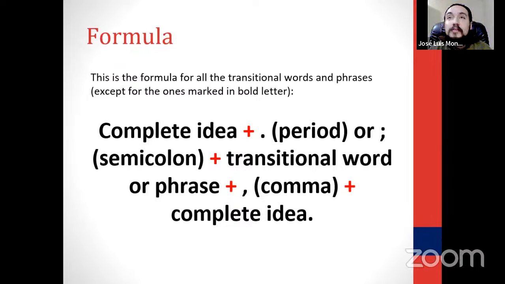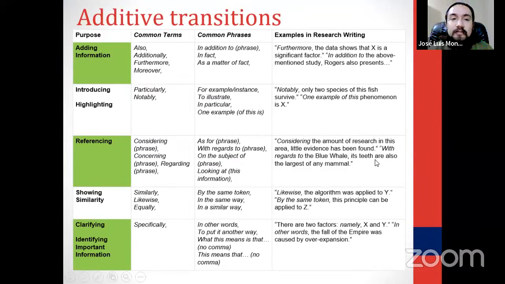I went to that great party, you can say, period. However, comma, it was not as good as I thought it would be. So again, that's the combination that you need: one complete idea, period or semicolon, transitional word or phrase, comma, plus a complete idea. And that's what we have to use.